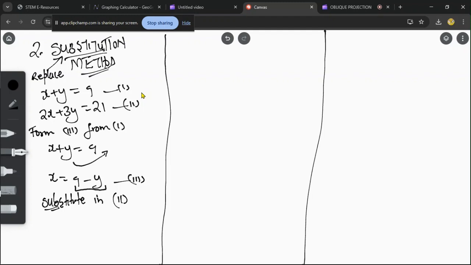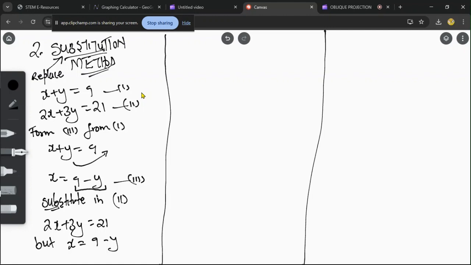Equation 2 reads 2x plus 3y is equals to 21. But where there is x, I'll substitute with this, because this x equals 9 minus y.